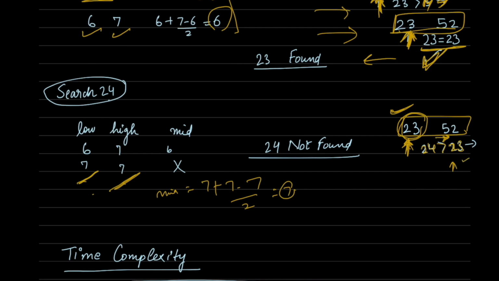If it's not found, we again move to the left. Now our low remains 7, but our high would become mid minus 1, which is 6. Now the condition fails. Low always has to be less than or equal to high. Since here low is not less than high, we return, and this is what becomes our base condition.